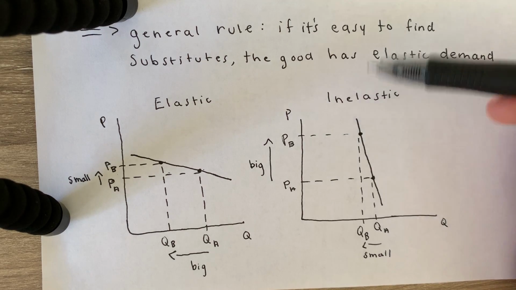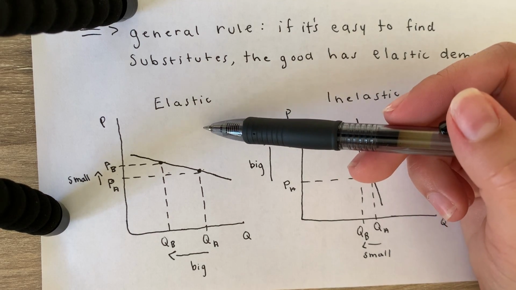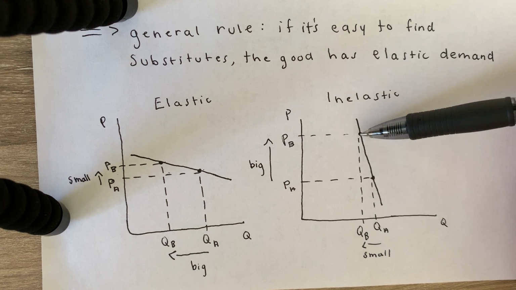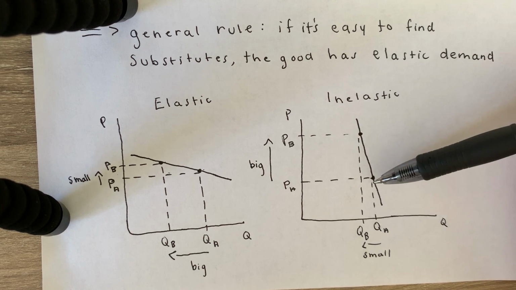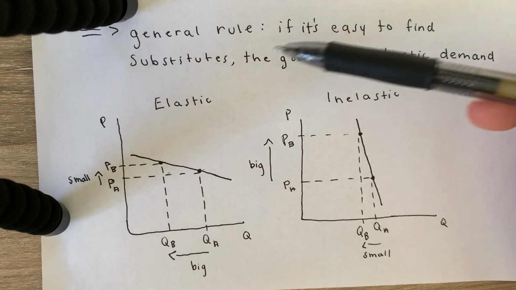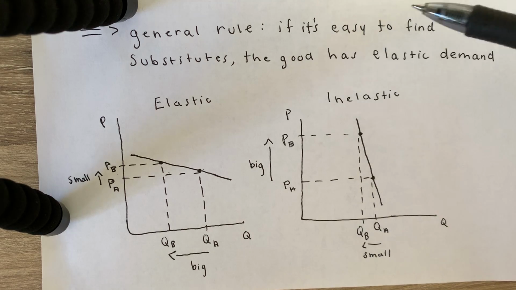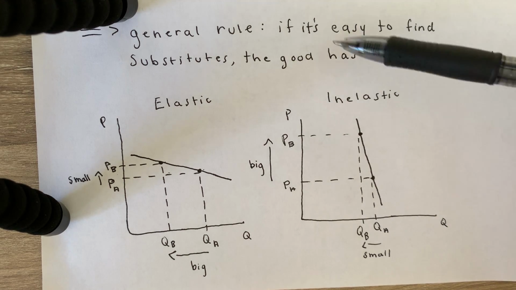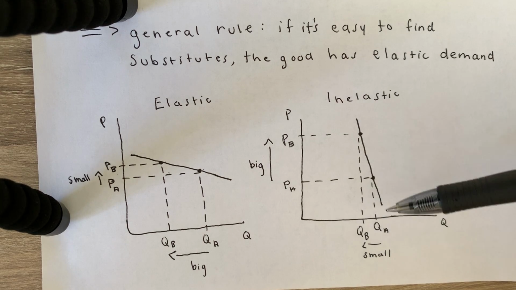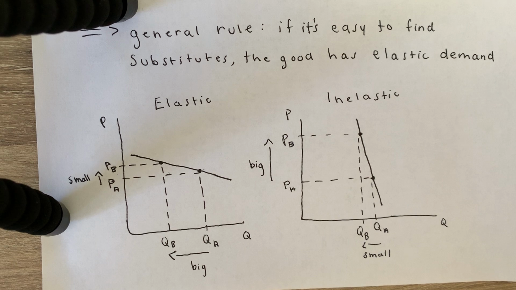The elastic version is our Tropicana example, and inelastic is our insulin example. If the price of insulin increases, no matter how much, almost the same amount of people are still going to have to be buying it, because they need it. So again, think about the general rule and keep that in mind. If it's easy to find substitutes, the good has more of an elastic demand. If it's harder to find substitutes, it's more likely to be inelastic. Hopefully this helped explain the concept of elasticity a little bit more.